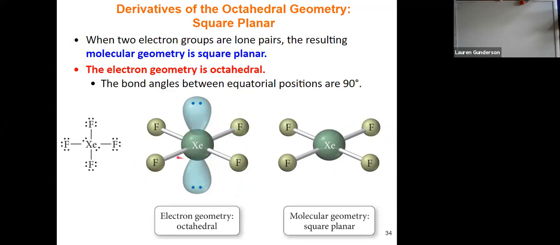So they're going to end up being in what's basically an equatorial position from one another. And our lone pairs will be in an axial position. And the lone pairs want to take this axial position because now they are able to be 180 degrees from one another. And the bond angles between each of the equatorial terminal atoms will be 90 degrees from one another.